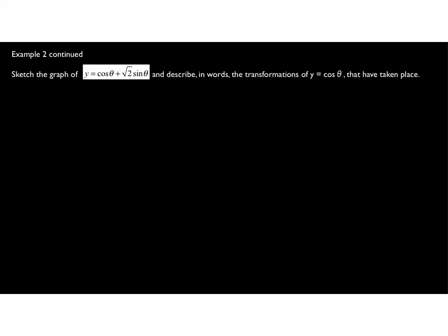So now let's relate everything we've done back to transformations. So we know that this can be expressed as root 3 cos theta minus 54.7 degrees. So what transformations are taking place here if we were starting with y equals cos theta?